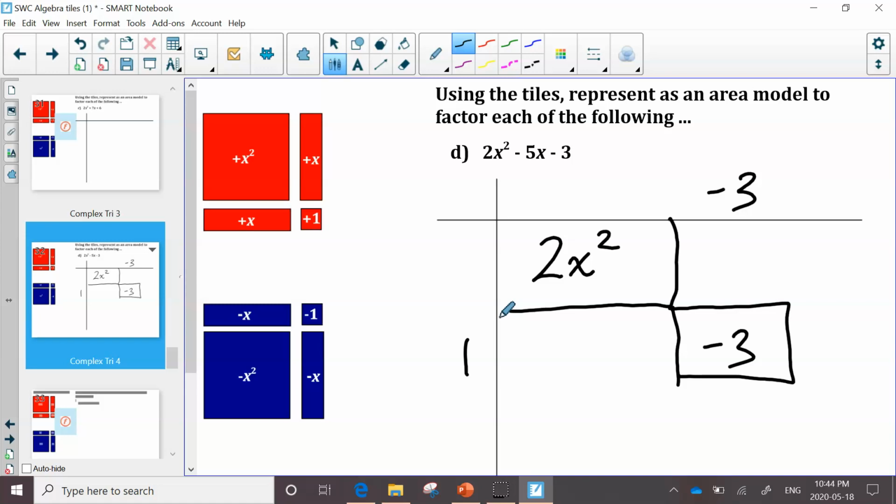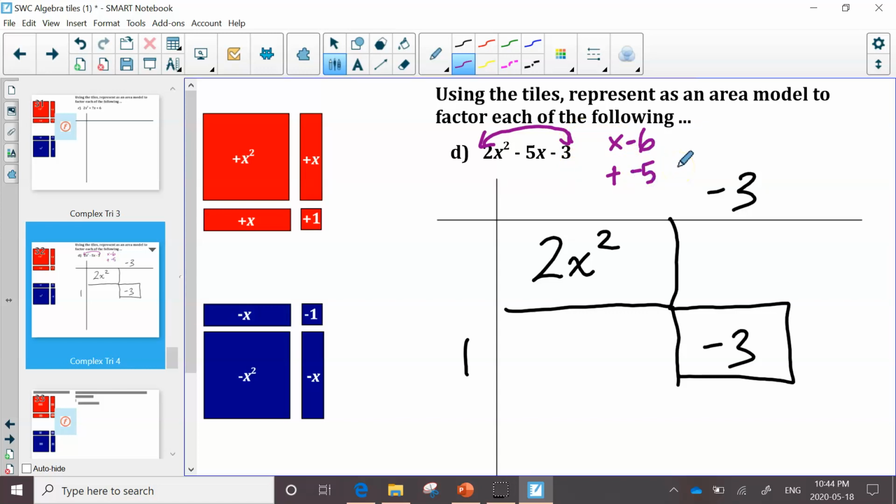So let's tie this into what we know. We know we have to multiply these two things. So it should multiply to give me -6, because 2 times -3. And the two numbers that we need should multiply to give me -6 and add to give me -5.